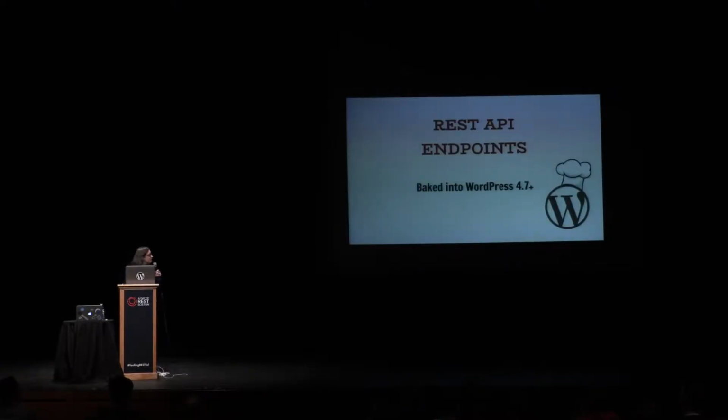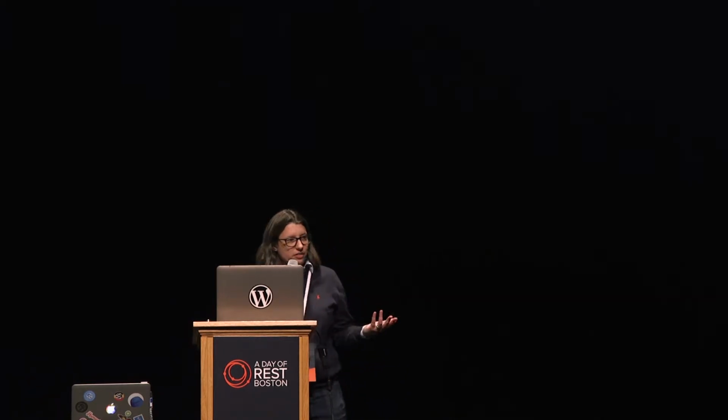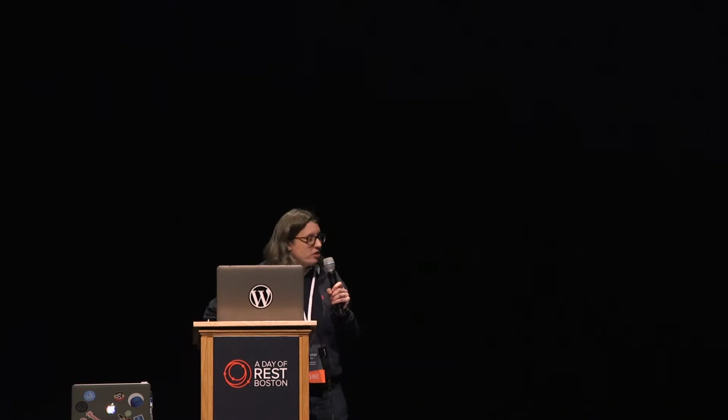So let's talk about WordPress and how we can possibly make it into a real-time REST API. As has been discussed all throughout the day, WordPress 4.7 has REST API content endpoints built in.